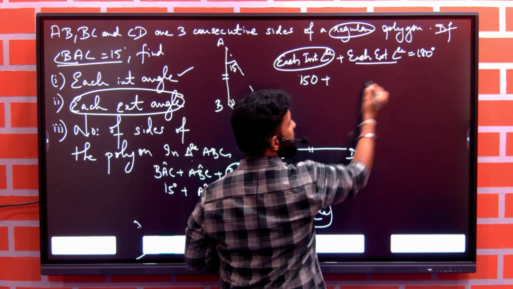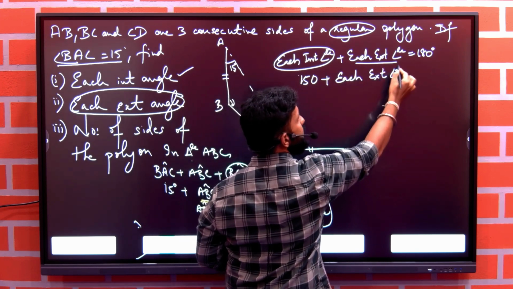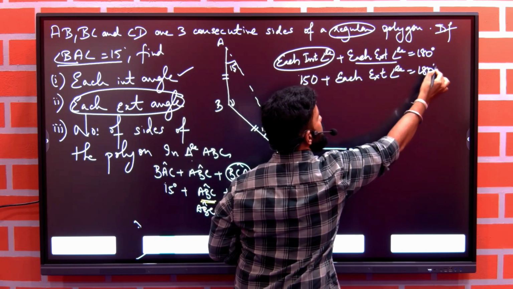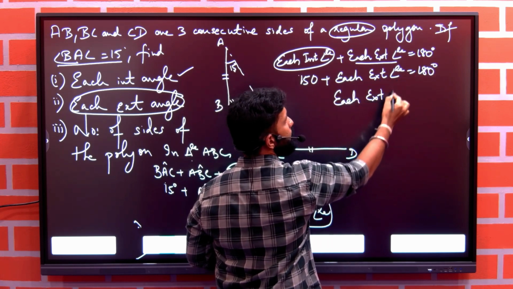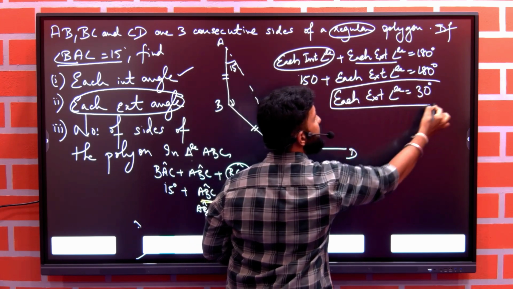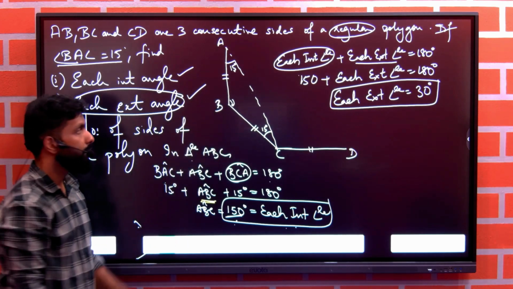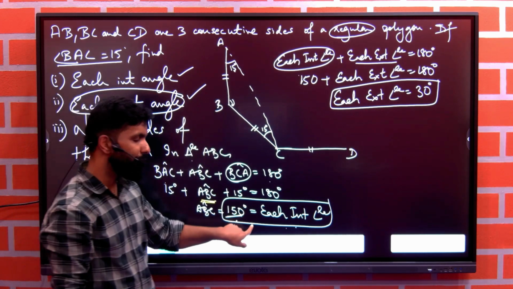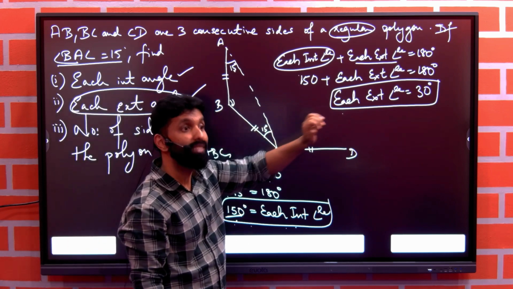We are yet to calculate this value, each exterior angle. So I'm getting each exterior angle as 30 degrees. I'm highlighting that because that is also one of the required answers. Yes? Okay. So we got each interior angle as 150, done. We got each exterior angle as 30 degrees, that is also done.